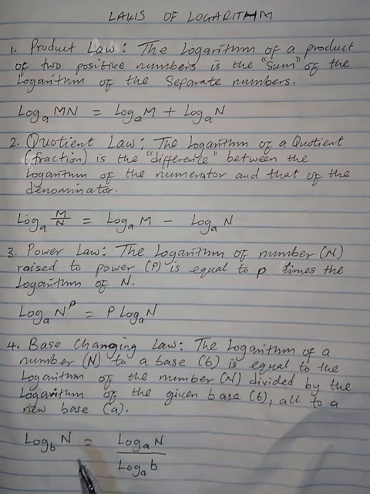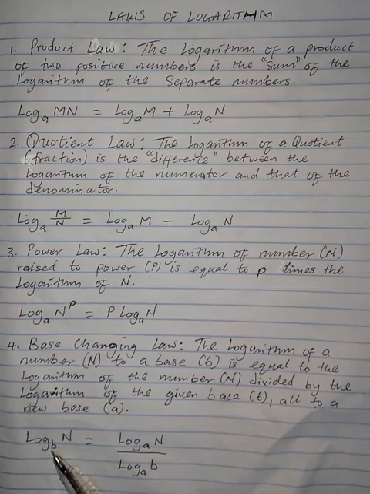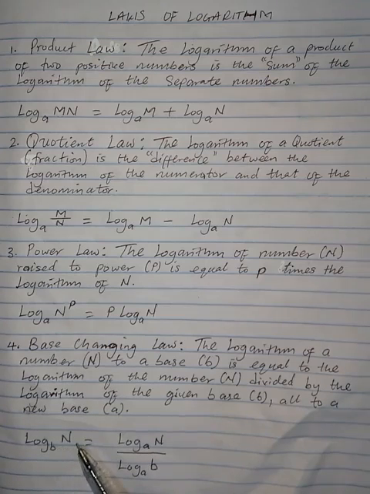In some cases, it is expected that we change the base. So we have the logarithm of n to base b. In some cases, if you equate this to x, you won't be able to raise b to the power of x to give us n. You will understand better when we deal with examples.